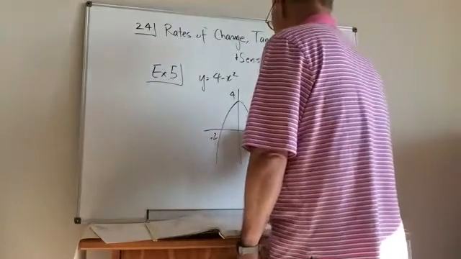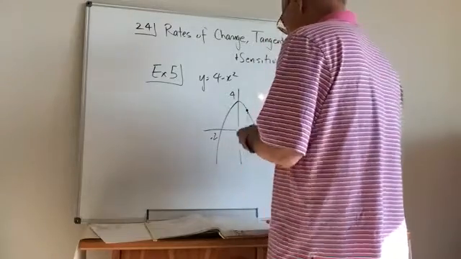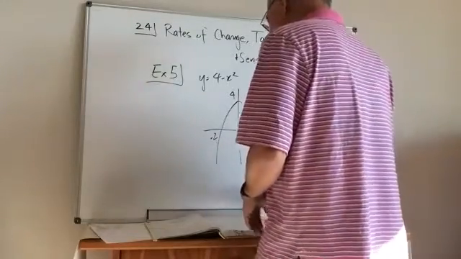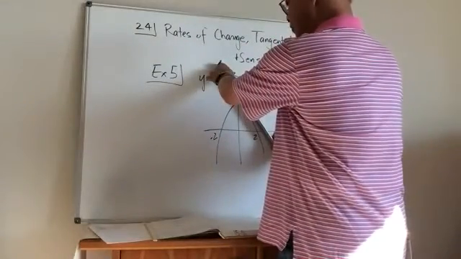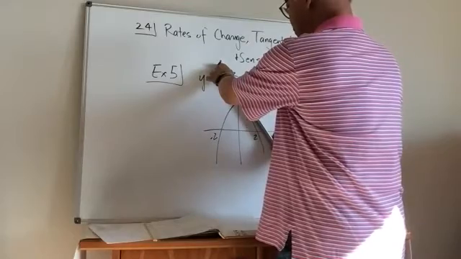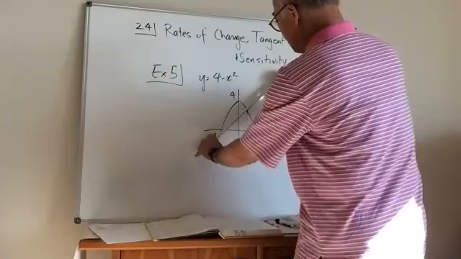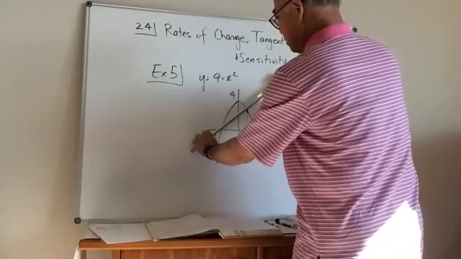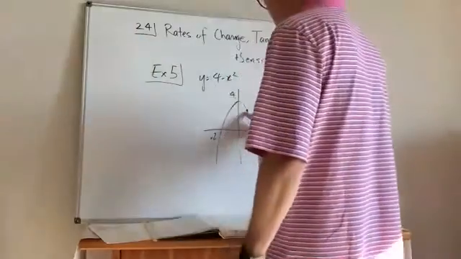And at x equals 1, right here, our slope of the tangent line at this point was negative 2. We calculated it to be negative 2, and therefore the normal line is going to be perpendicular to that, with slope 1/2. Okay, and it goes through this point.